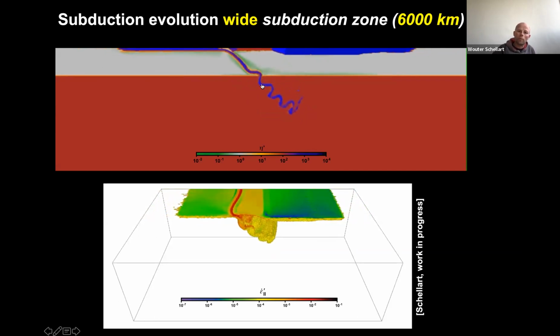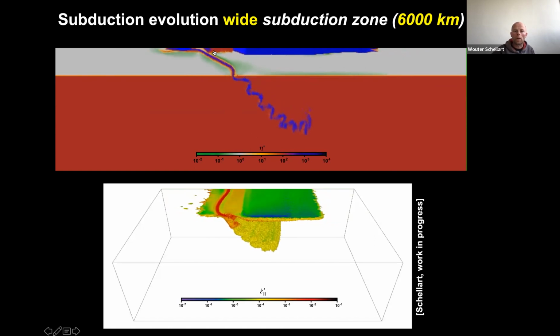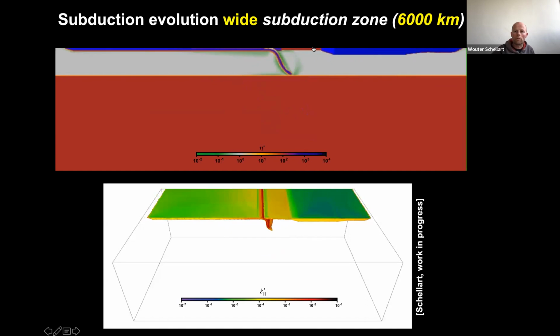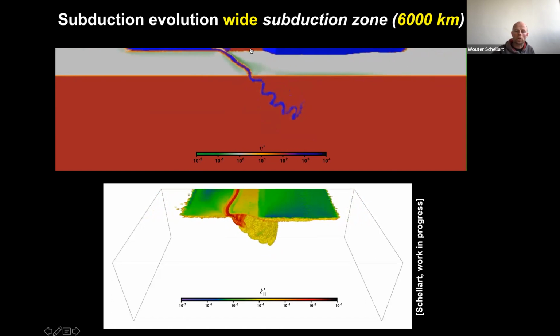And now as the slab is sinking into the lower mantle, the overriding plate is shortening. We see this back arc zone becoming shorter and shorter. So we have an initial phase of extension, and once the slab starts to sink into the lower mantle, past the 660 discontinuity, the overriding plate is shortening.